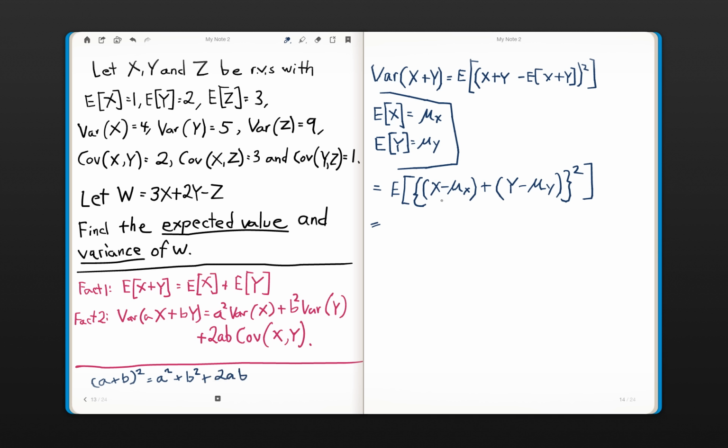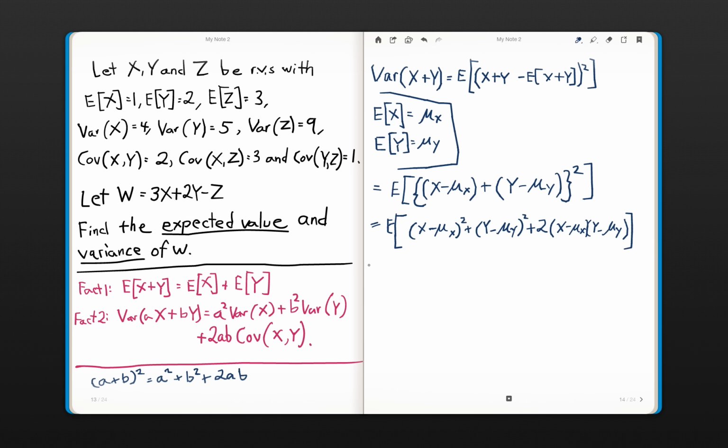Now if you let x minus mu sub x represent a in this expansion and y minus mu sub y represent b in this expansion, we immediately see that this is just equal to the expected value of x minus mu sub x squared plus y minus mu sub y squared plus 2 times our a times b, which is x minus mu sub x times y minus mu sub y.